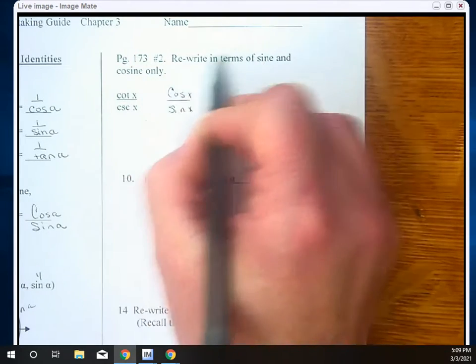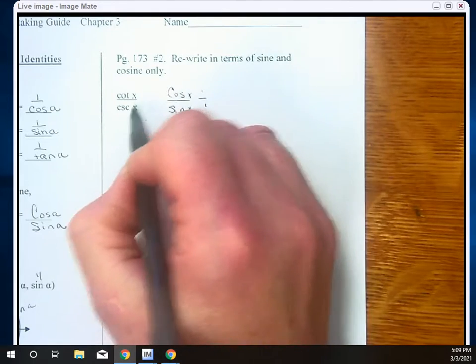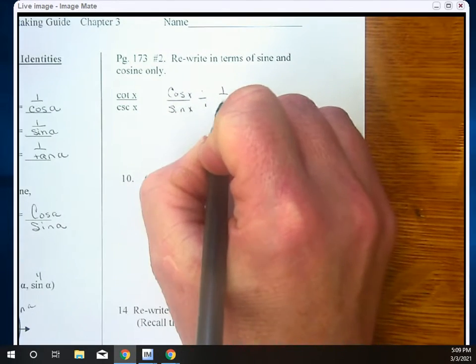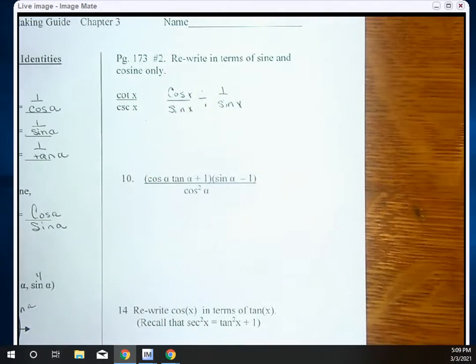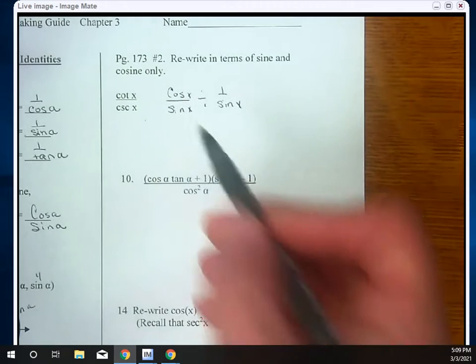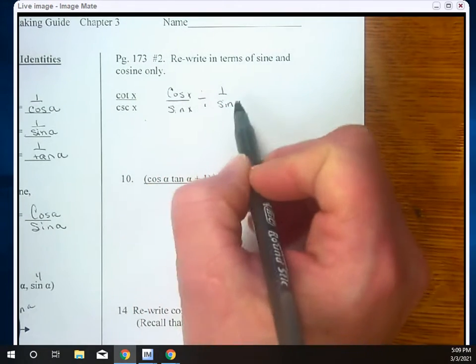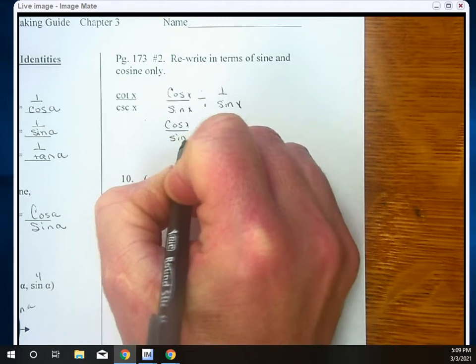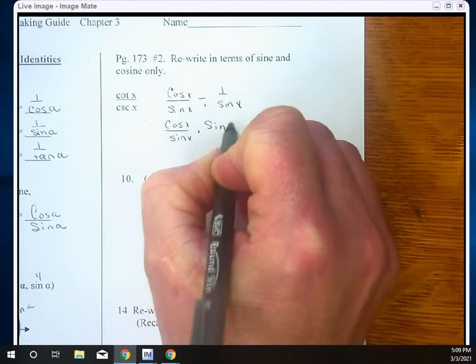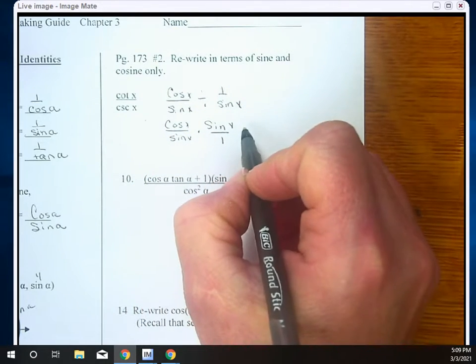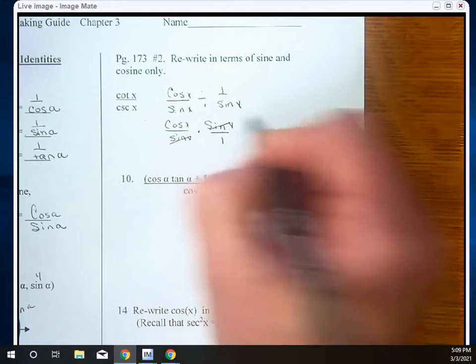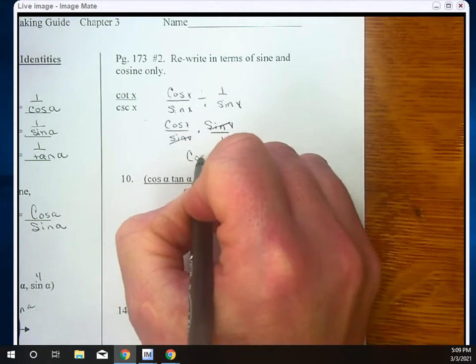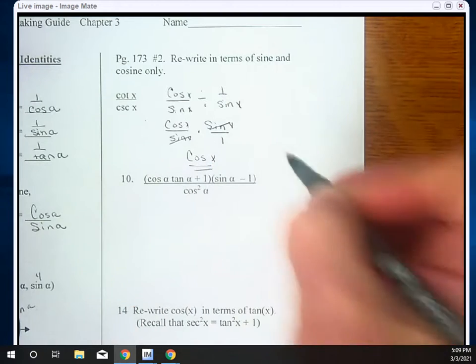If I'm in terms of sines and cosines, I am dividing by cosecant, and cosecant is 1 over sine of x. Now, guys, this is a basic problem where you're going to go back and you're going to remember that a fraction divided by a fraction means that I keep the first fraction and I multiply by the reciprocal of the second fraction. Anything that's top and bottom, I'm going to divide out or reduce to simplify and get a final answer.